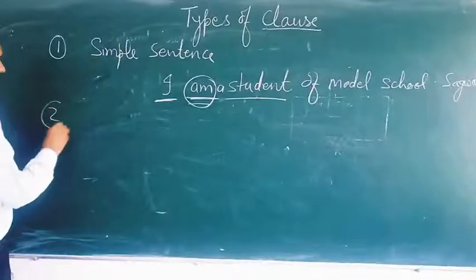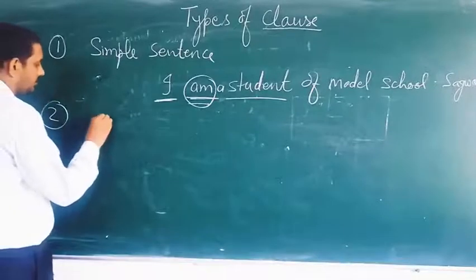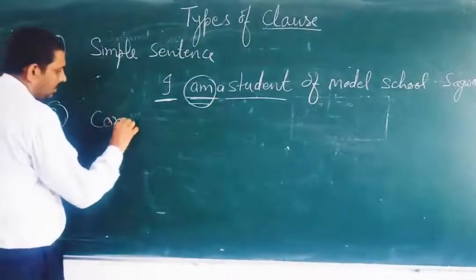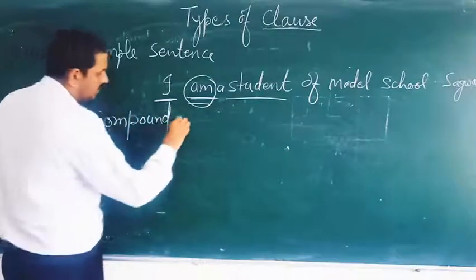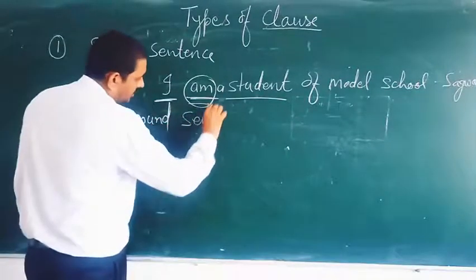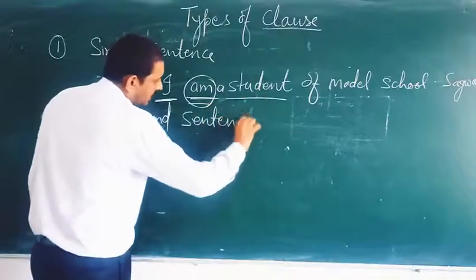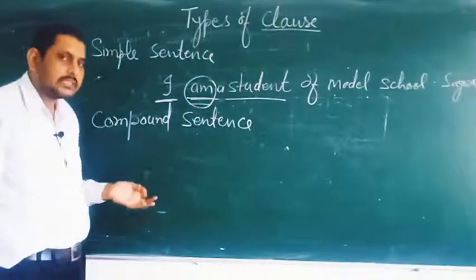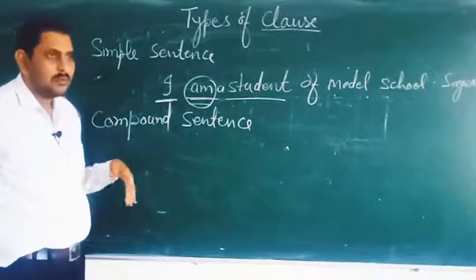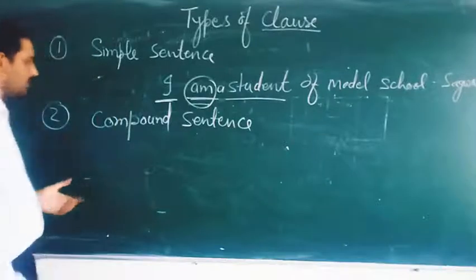Number two is compound sentence. In a compound sentence, we can see a minimum of one finite verb in each clause, but overall we have two or more finite verbs.